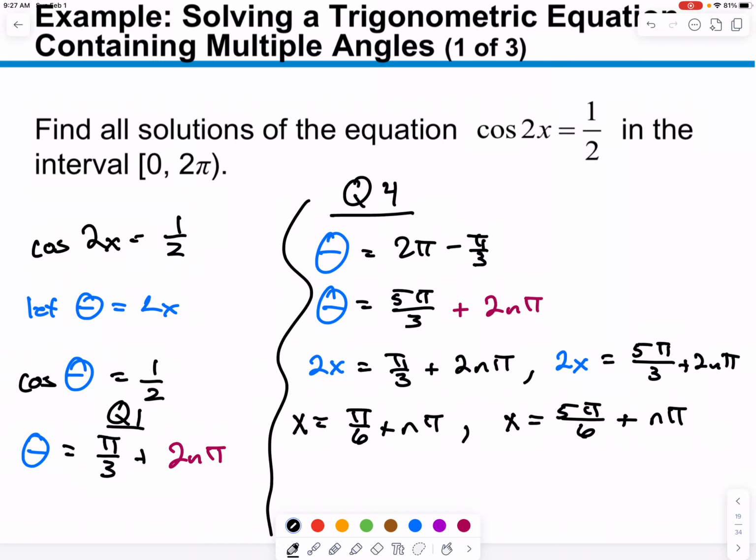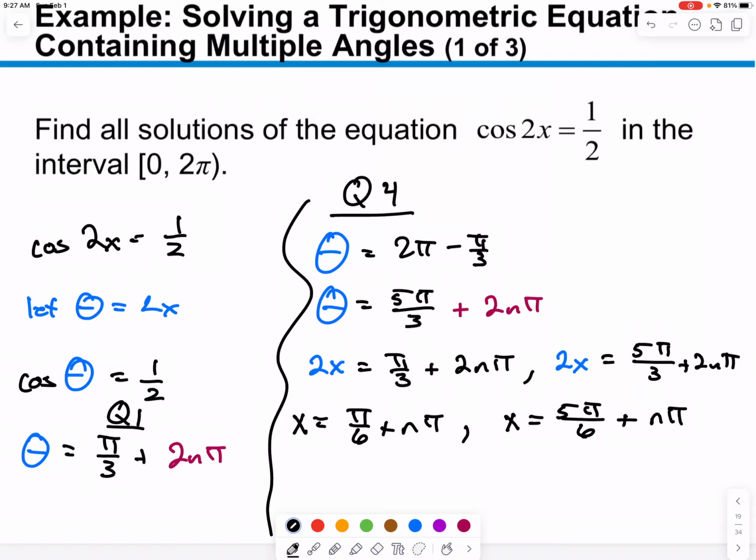So the only thing that's left is to play around with multiple values, because we only want solutions from 0 to 2 pi, right? We need to test the integer multiples of pi and extract all the solutions in the interval. For instance, I have this urge to let n be negative 1 first, just to make sure we're outside of our range.